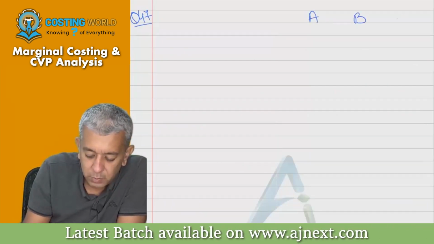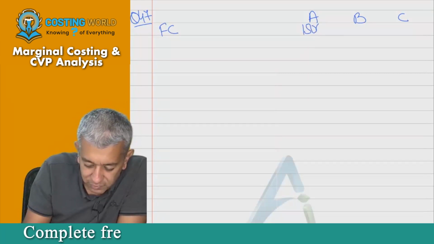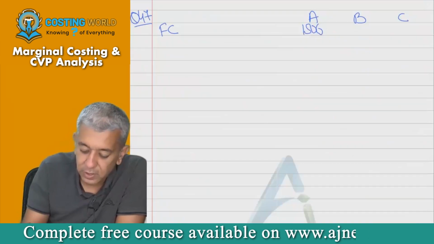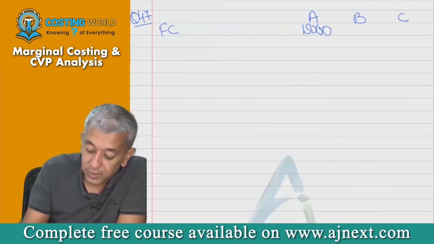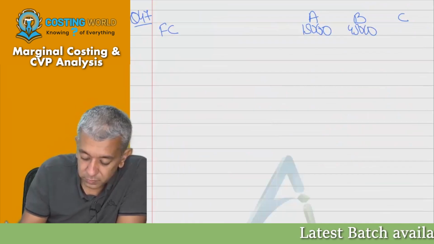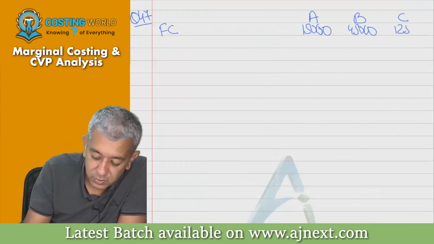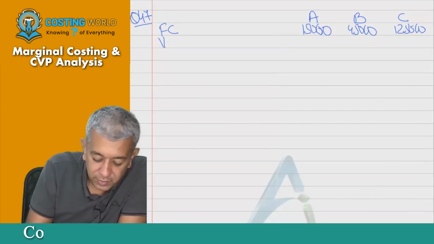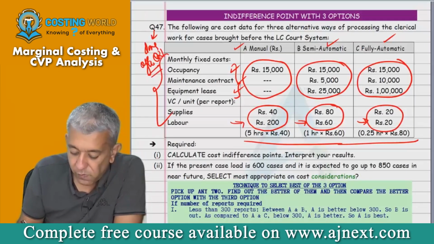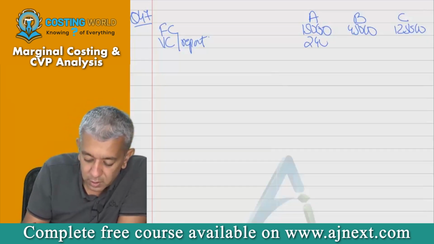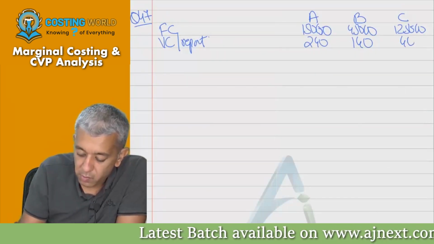Machine A, machine B, machine C. Fixed cost: 15,000, 45,000, then 1,25,000. Variable cost per report: 240, 140, 40.